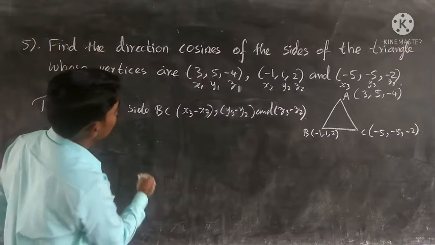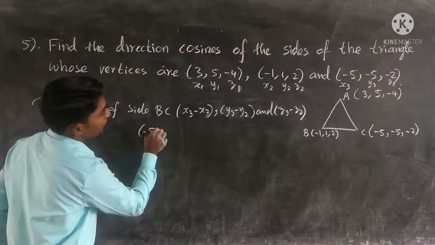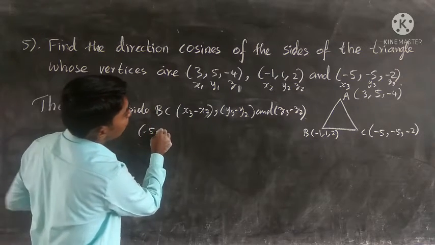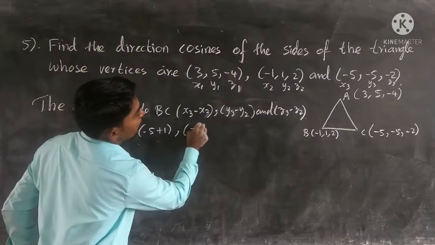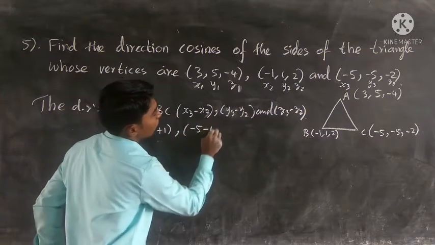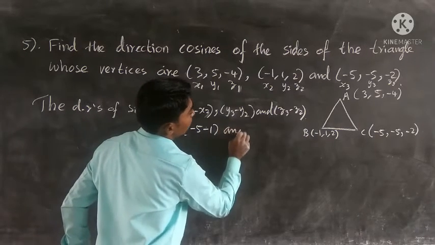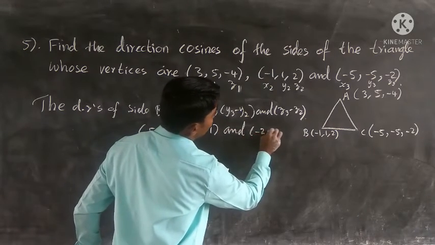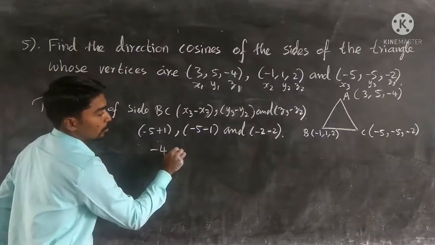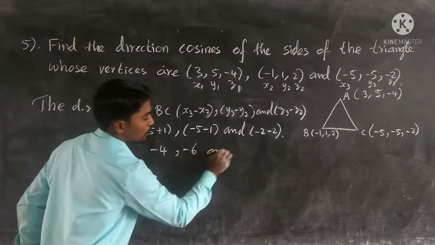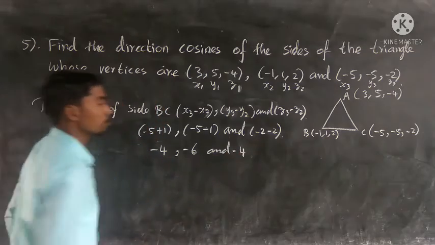We'll get -5 minus (-1), that is plus 1, comma -5 minus 1 and -2 minus 2. That is -4, comma -6 and -4.